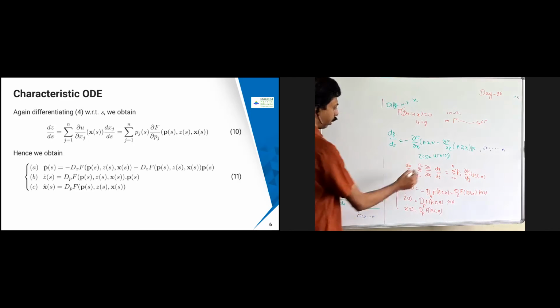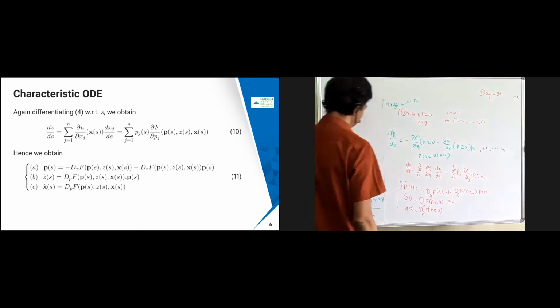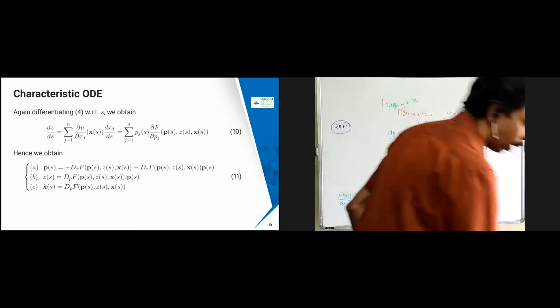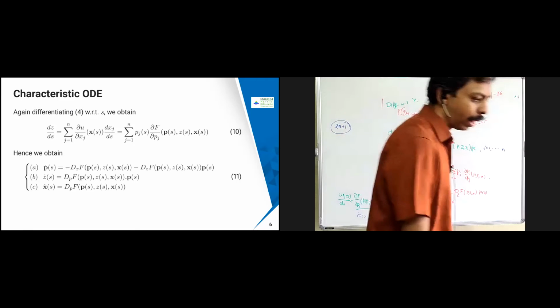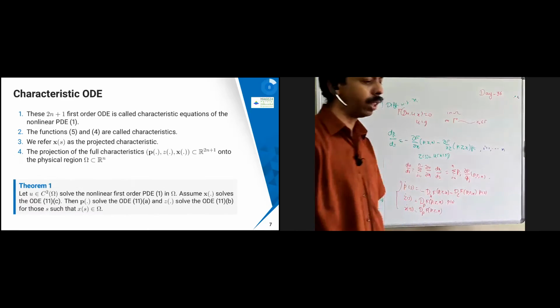And here only one equation is there, this is a summation. Therefore there are 2n plus 1 equations in this system, which we have to solve and then find the answers. So this is called the system of characteristic ODE.